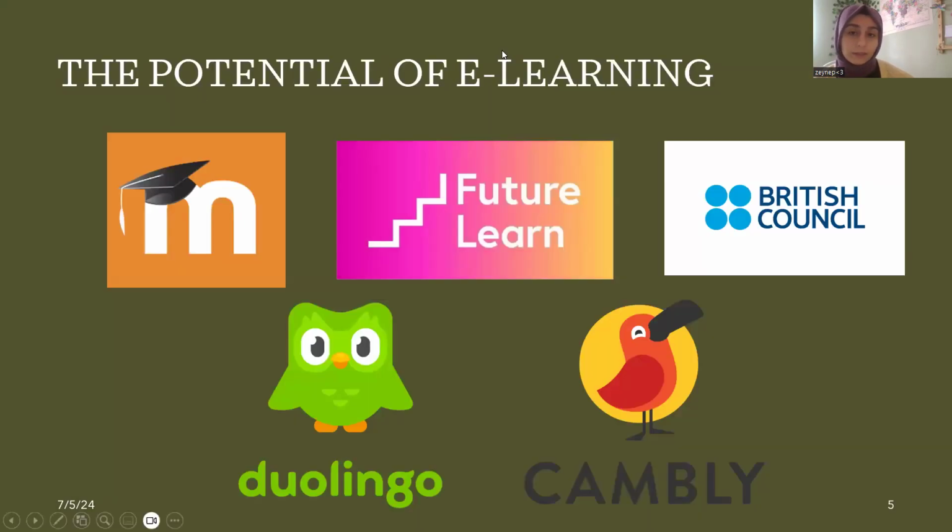The potential of e-learning. We know that English is a global language right now, so we can learn it from everywhere, like online learning. There are some examples like Moodle, FutureLearn, British Council, Duolingo, and Cambly.